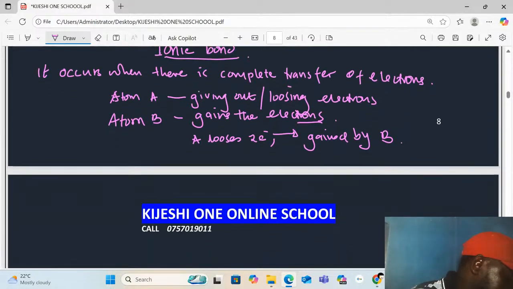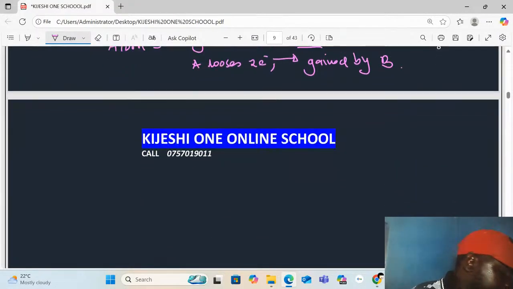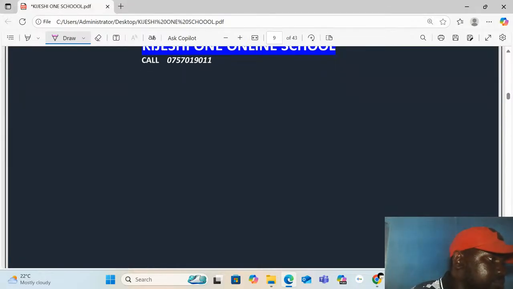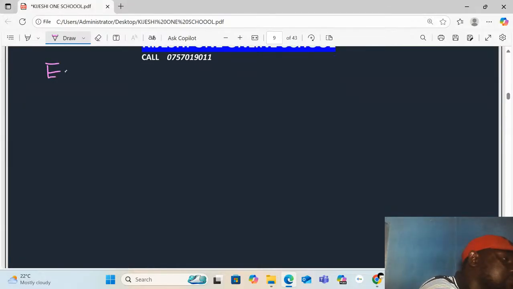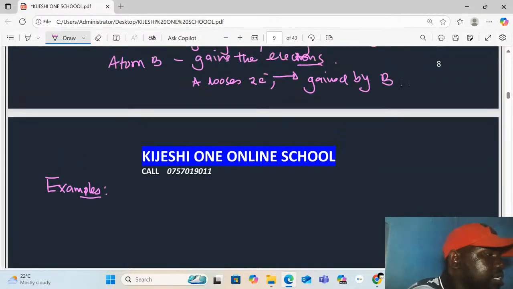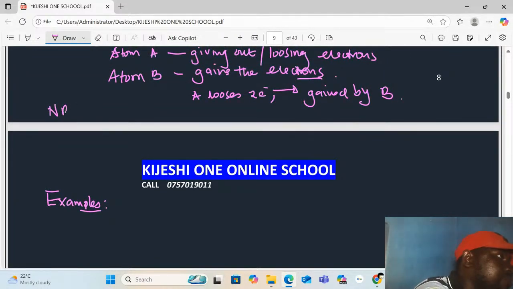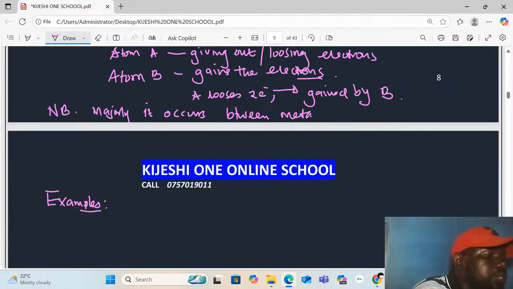Now we can start giving out some examples. Before you go to the examples, you need to note that it occurs majorly between metals and non-metals.